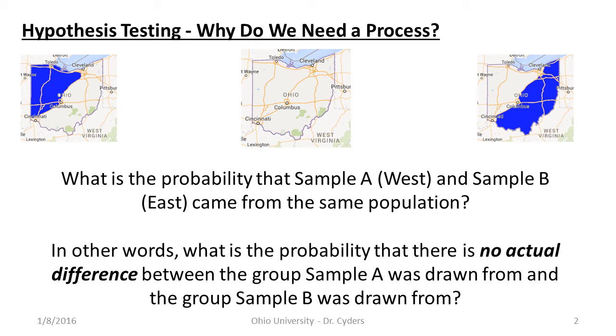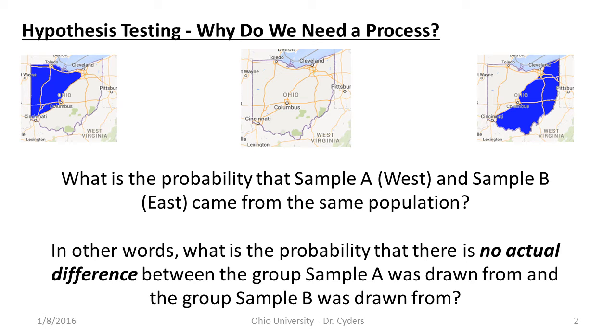If that probability is really high, then the leftover probability, that they did not come from the same population, would be very low. And therefore, I wouldn't be able to reject the possibility that there's really no difference between the two data sets.